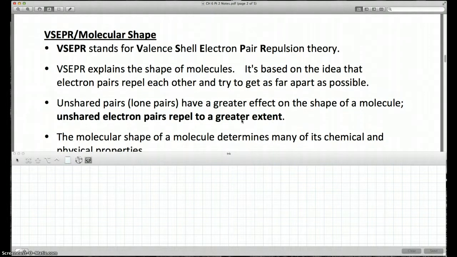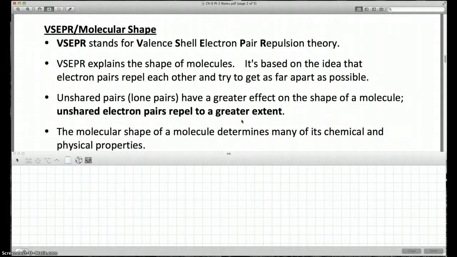And the molecular shape all depends on this theory called VSEPR, valence shell electron pair repulsion theory. So valence shell means the outer ring of the atom. So valence electrons.